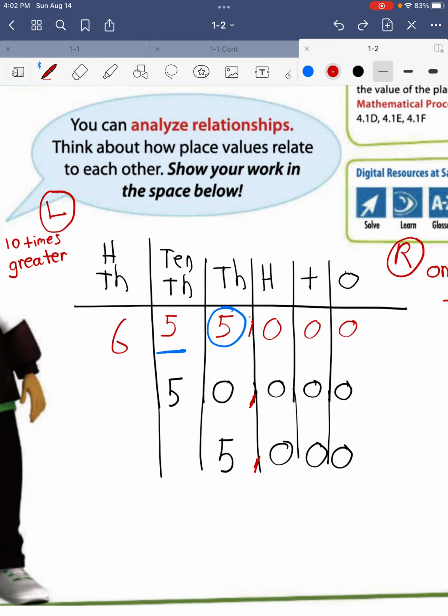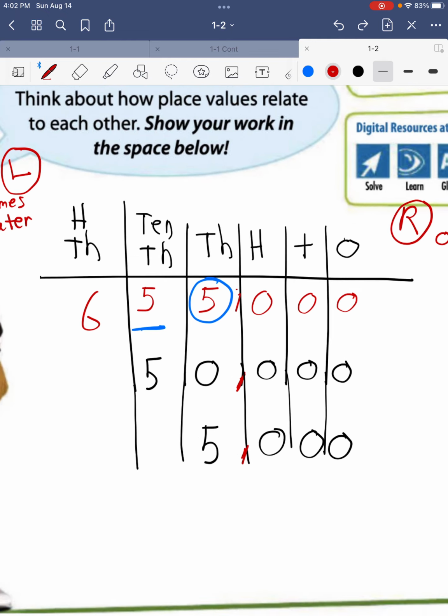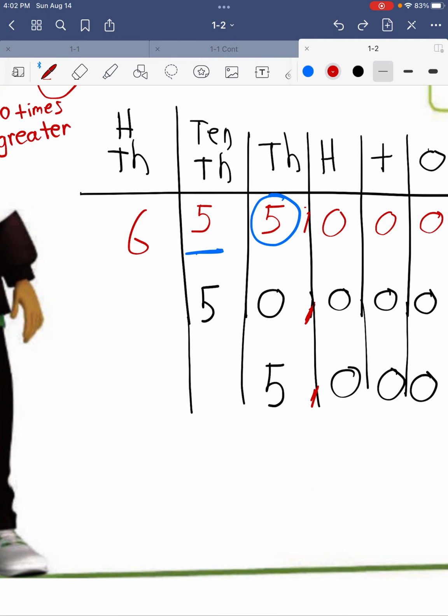So I'm going to write, because it wants me to compare them, but now I need to write it in words. I need to write what I just found out right now.